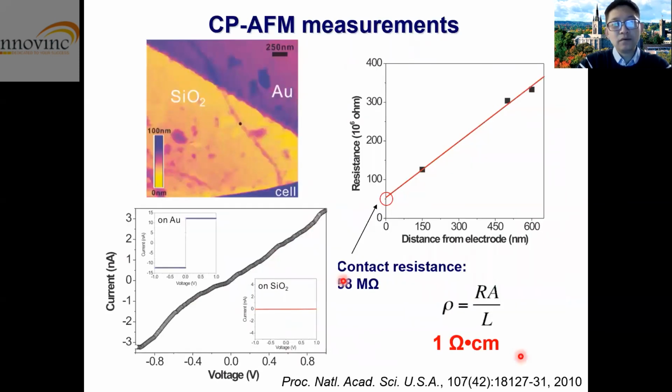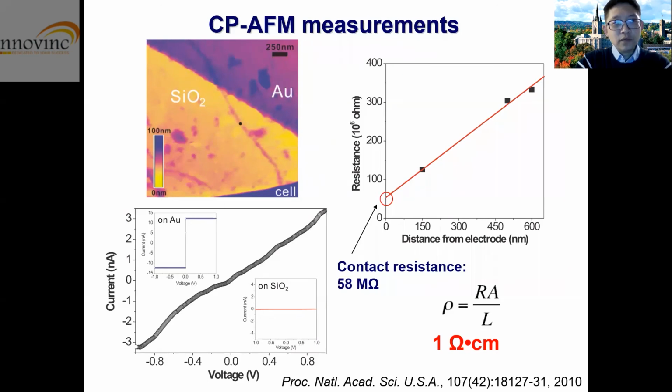So for example, here we can find one bacterial nanowire placed on a gold pad, then we can do the measurement. And we're still doing conductive AFM.